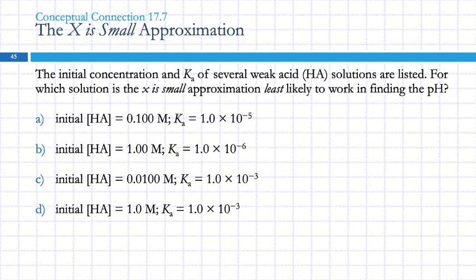We want it to be small for it to work because then we know the ionization doesn't go very far. And do we want the initial concentration to be large or small in order for X is small to work? We want it to be large because then the number we're subtracting it from is less likely to be significant. So X is small likely to work is large concentration, small Ka.